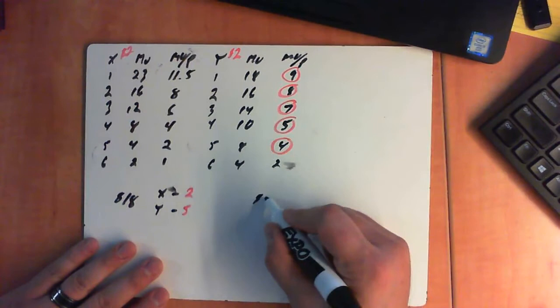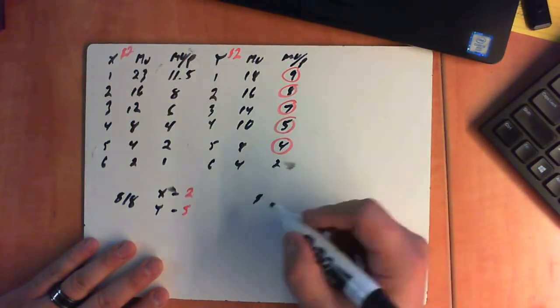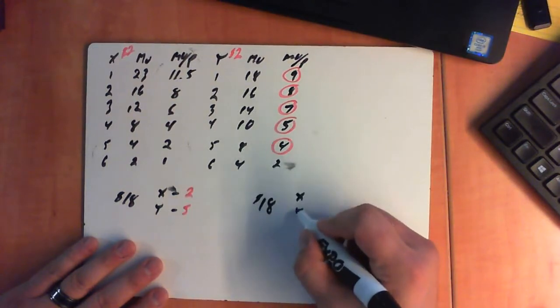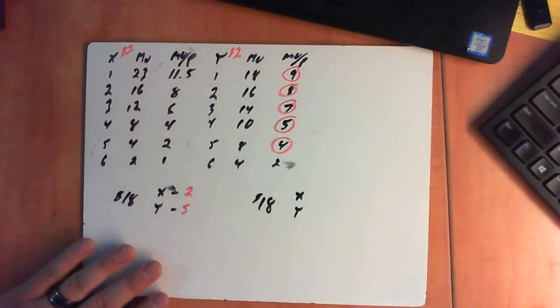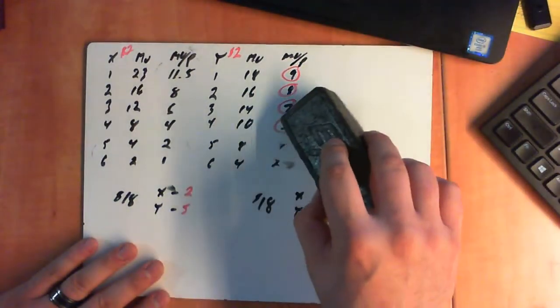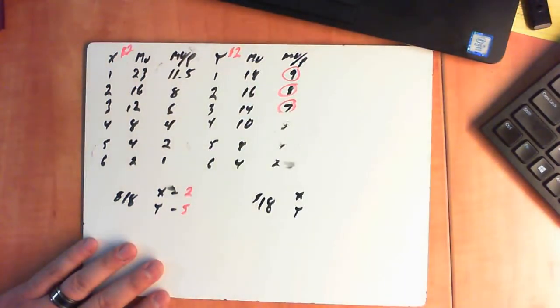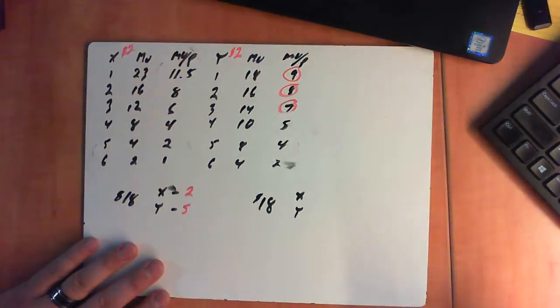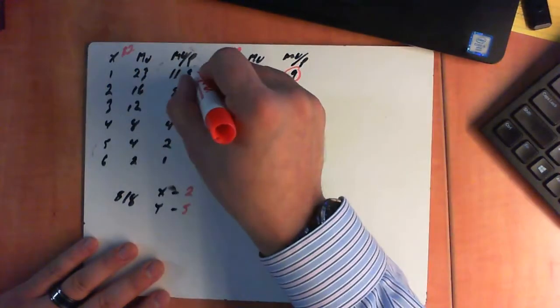So then we still have $18, right? Where are the values of X and Y? Obviously this will be the first one purchased.